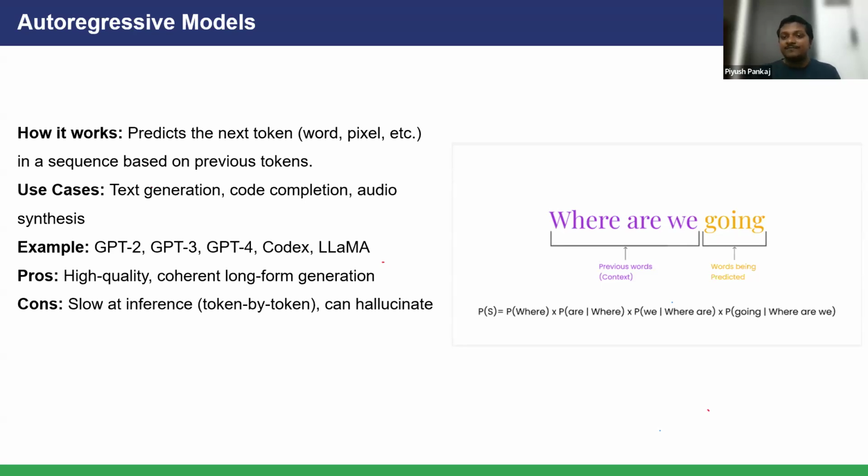Tokens may be words, they may be pixels. If the sentence is where are we going, the previous words are where are we, and it is trying to predict going. So it is totally based on probability.